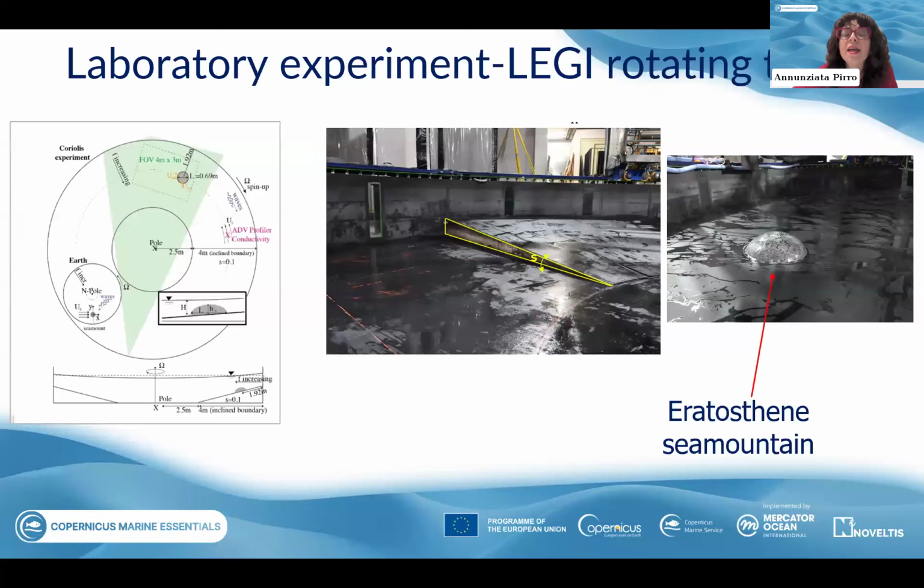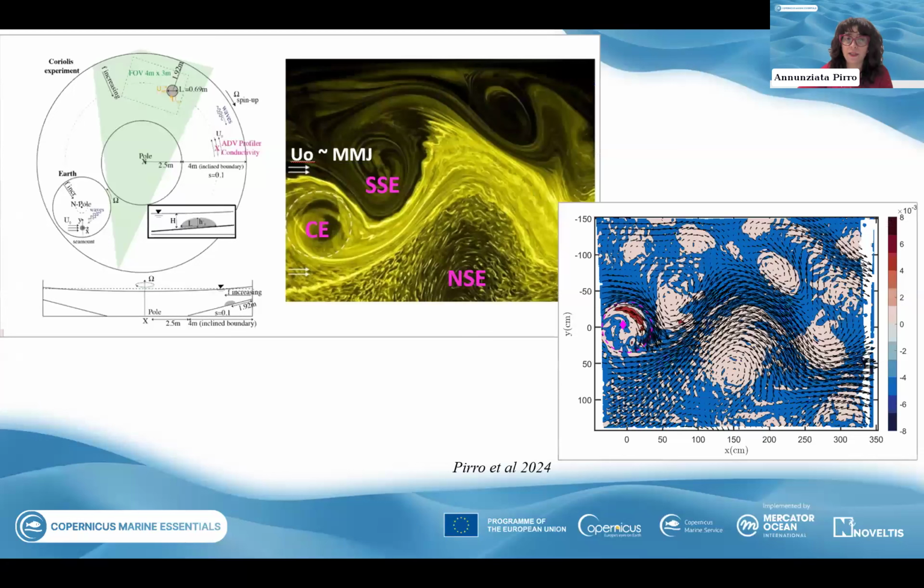Last but not least, I simulated this phenomenon in a rotating tank in the Coriolis laboratory in Grenoble. So as you can see here, we simulated the Eratosthenes Sea mountain. We had a sloping bottom, an incoming flow, and we used the in situ data to simulate this phenomenon, so the real data.